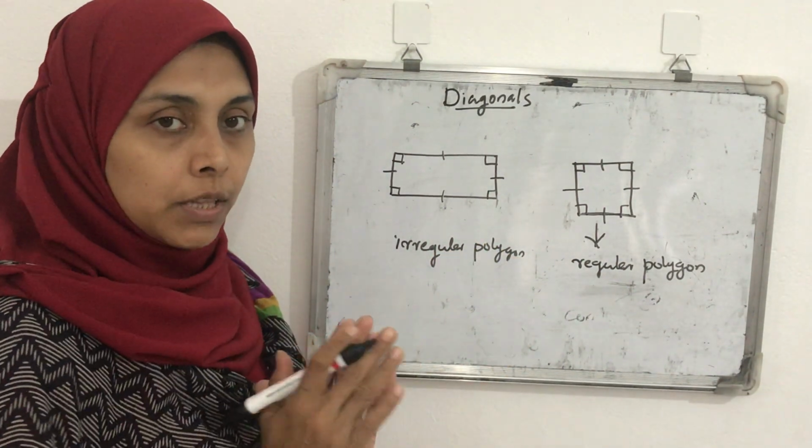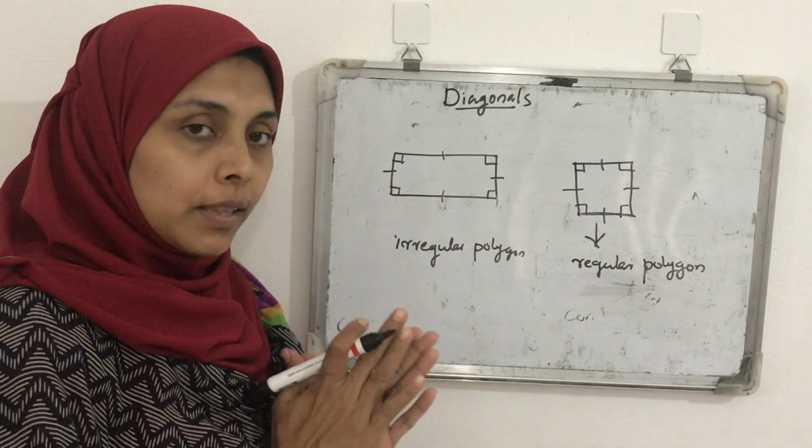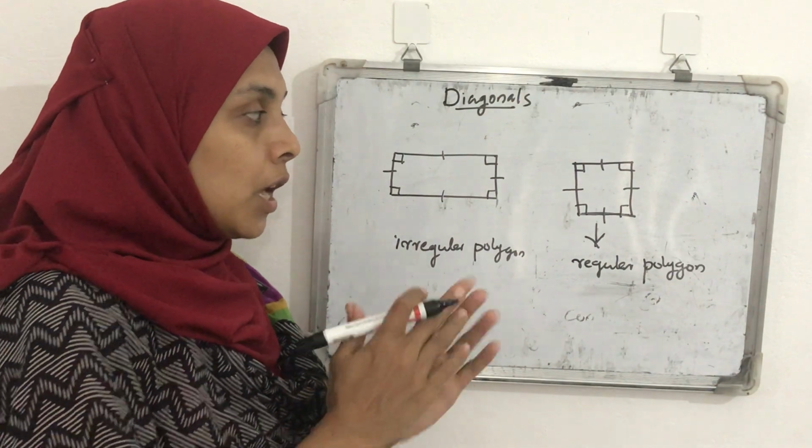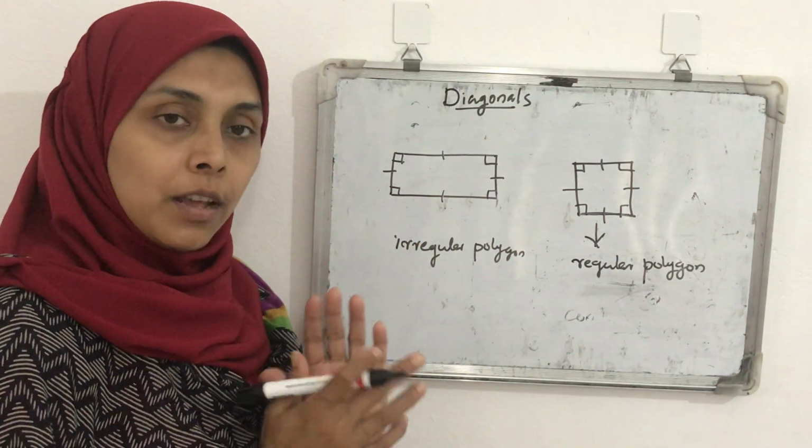Now is the difference clear? If polygons are equilateral and equiangular, then those polygons are called regular polygons. Otherwise they are called irregular polygons.